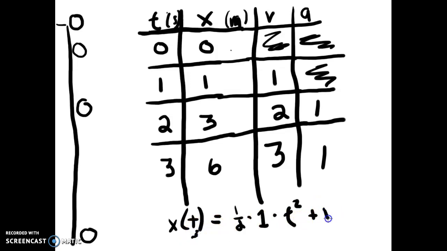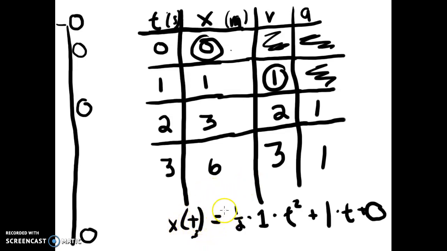Well, we'll remember our v naught was what's in this box, so v naught was 1, times t, plus x naught. Well, if v naught was what's in the first v box, guess what x naught is? What's in the first x box? Plus 0.